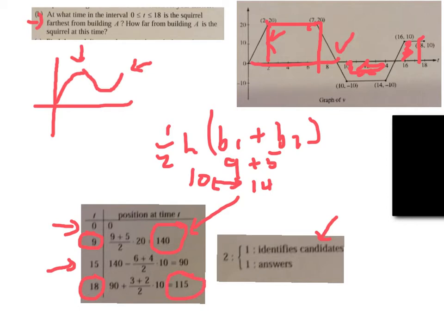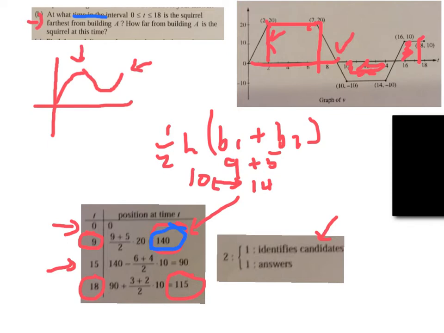The question is, once again, at what time interval from 0 to 18 is the squirrel farthest right from the building? Well, since 140 is the largest number, this is the final answer, but the question asks at what time interval, so you need the time interval.